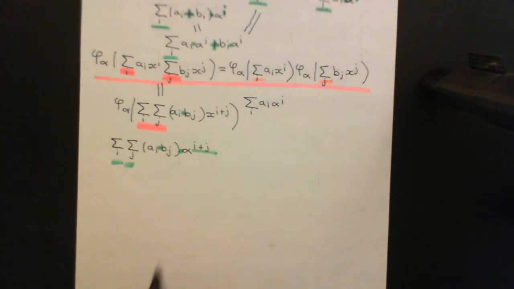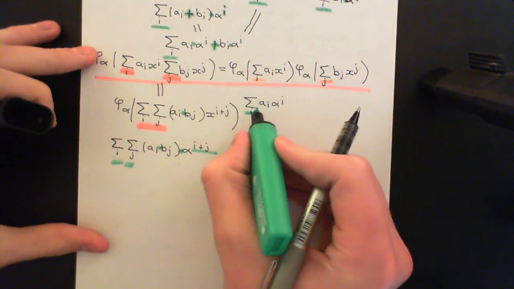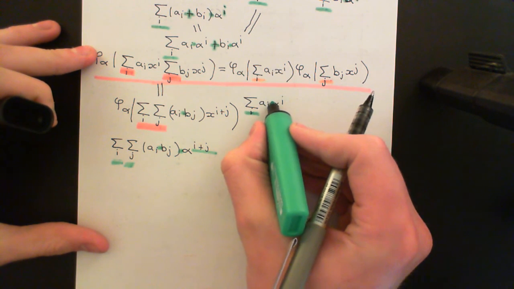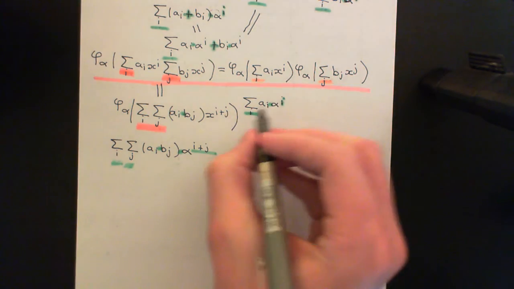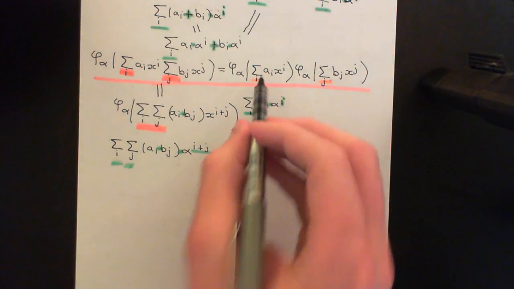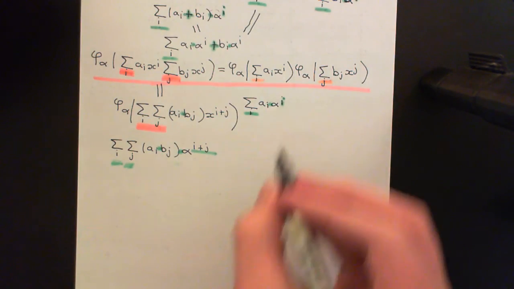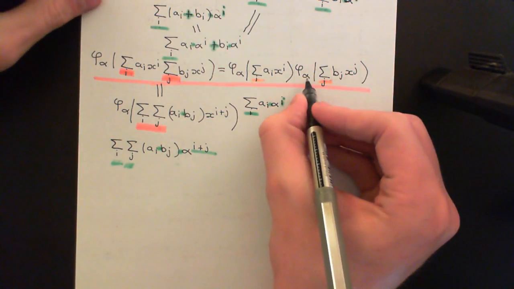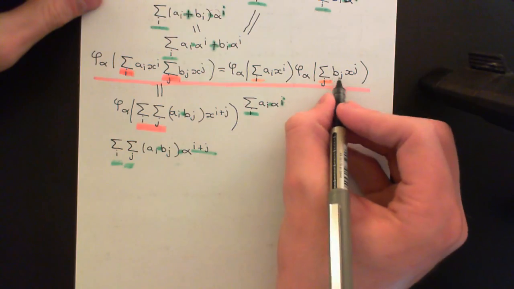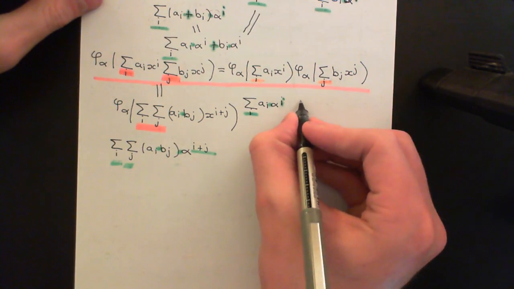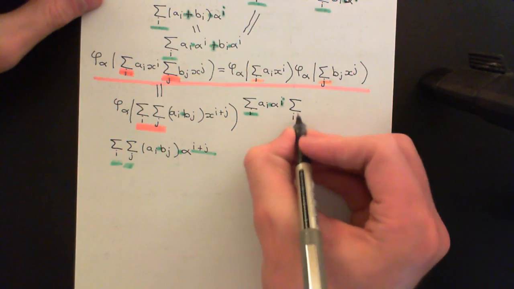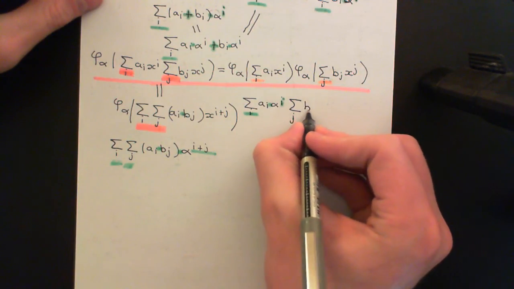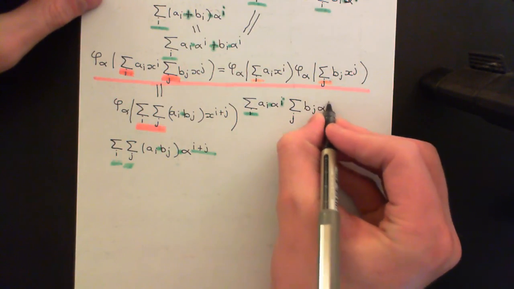Now we're turning it into addition in the ring capital R. This is multiplication in the ring capital R. This is raising to the power of i in the ring capital R. So that's phi sub alpha of the sum over i of a_i x to the i. Now if we look at phi sub alpha of the sum over j of b_j x to the j, exactly the same thing holds true here. We'll turn this into the sum over j of b_j alpha to the j here.